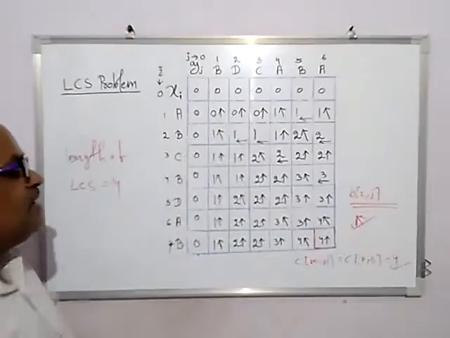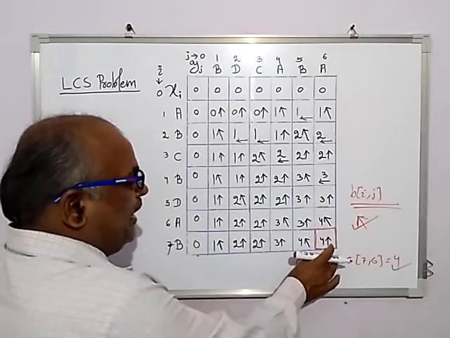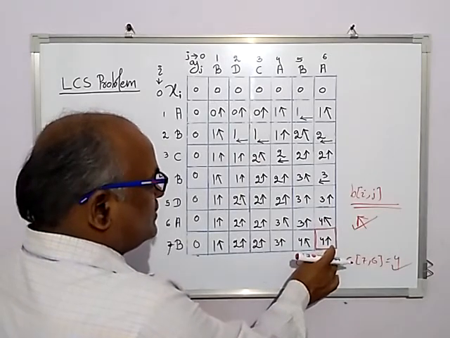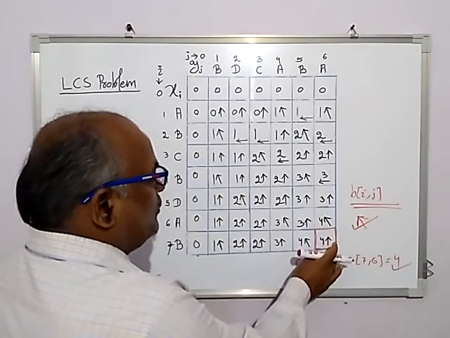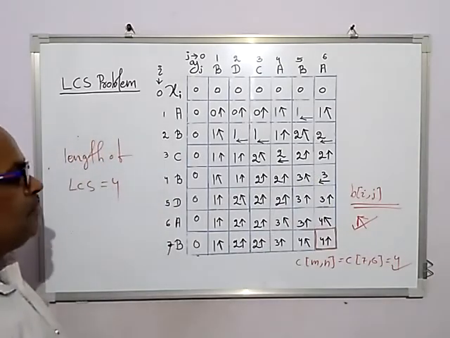That means when you start from the lower right corner box, according to the arrow, you move from bottom to top.